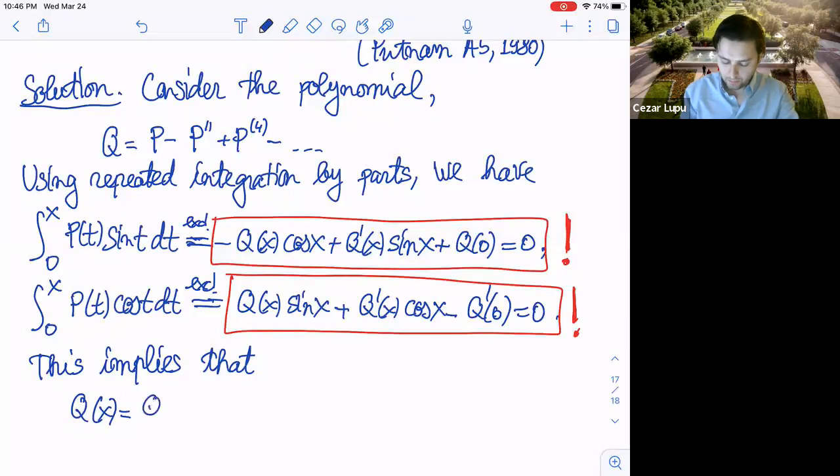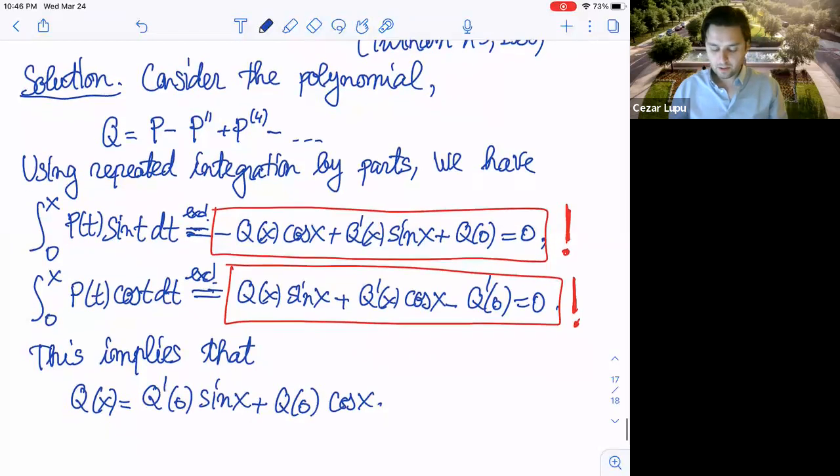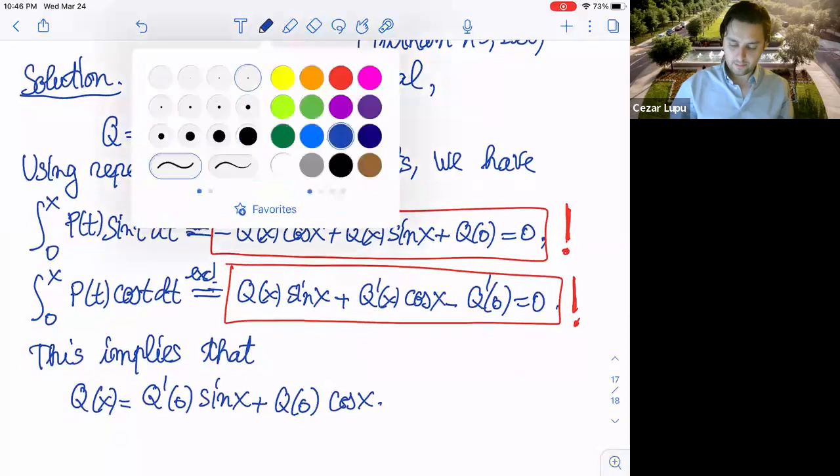So this would be q prime of 0 times the sine of x plus q of 0 times cosine of x. So we multiply the first one by cosine and the second one by sine, and we can add them up, and so we'll get this relation.